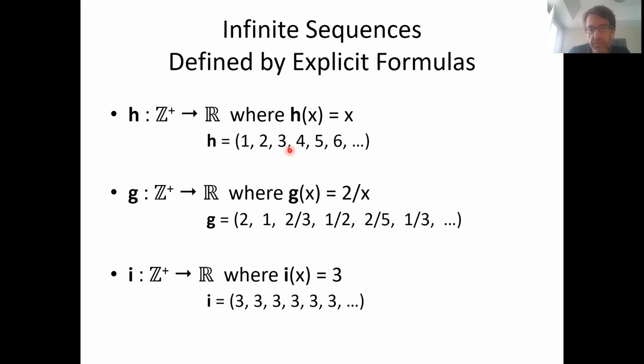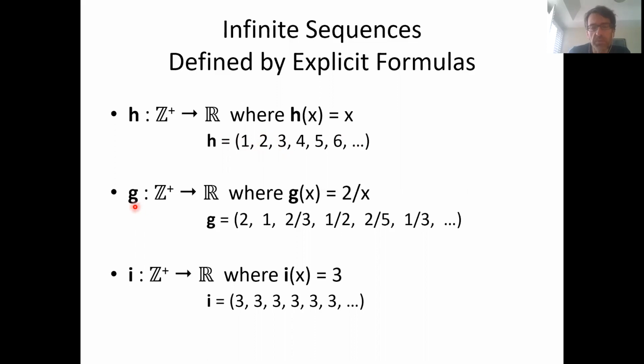Because indeed, this infinite tuple defines a function, where the understanding is that this is the value the function takes on argument 1, this is the value the function takes on argument 2, etc. And this sequence defines an identity function. So when looked at using sequence notation, this is H1, this is H2, this is H3, etc.